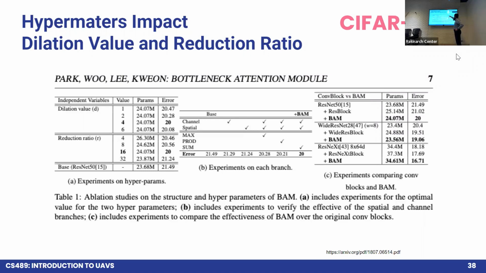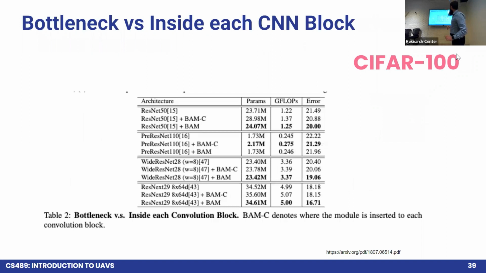They have used different types of architecture. Yes, they wanted to extract what is the best hyperparameter, what is the best configuration, and then they also made an experiment about bottleneck versus inside each CNN block, where to put the attention module.